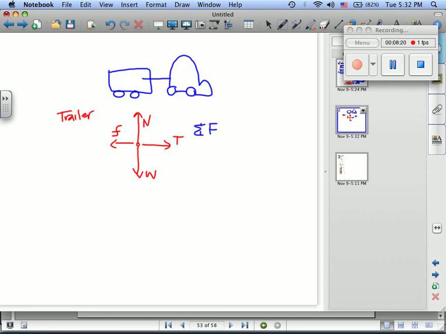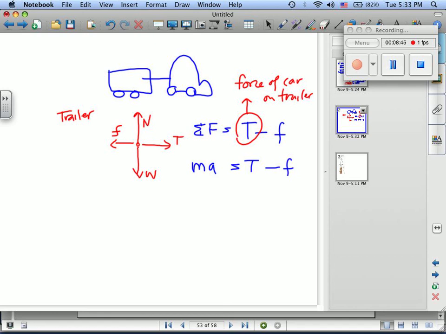And what we are trying to solve for is tension. That's the force of the car on the trailer. The left-hand side of this equation, net force, is just equal to ma. And we know a from the work on the previous screen. a was equal to 1.96 meters per second squared.